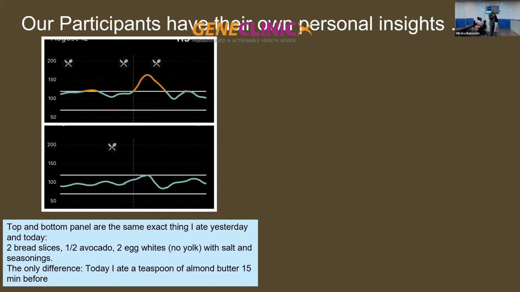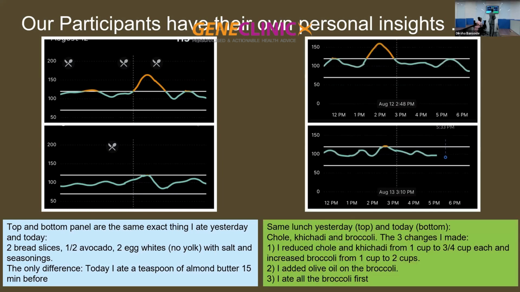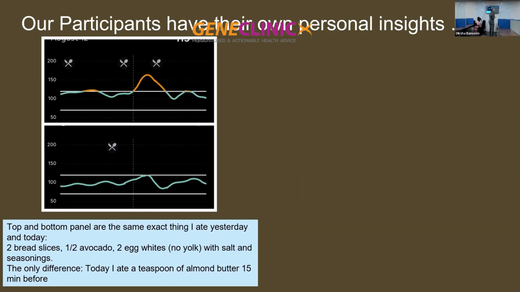And you can see there's a spike. Next day, he ate the exact same thing, and the only difference was he added a teaspoon of almond butter. And you can see the spike is gone. Now, if you were told you can eat all the things you were eating earlier, but just add almond butter.